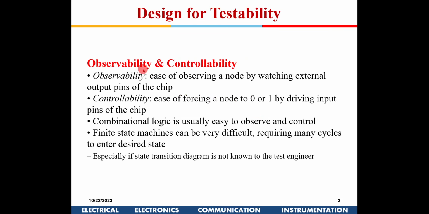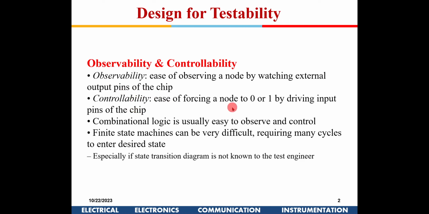We introduced two new terms: one is known as observability and one is controllability. Observability is the ease of observing a node by watching external outputs of the chip. Once the chip is fabricated, if you are able to see the output of any portion of the circuit through an output pin, that is known as observability.